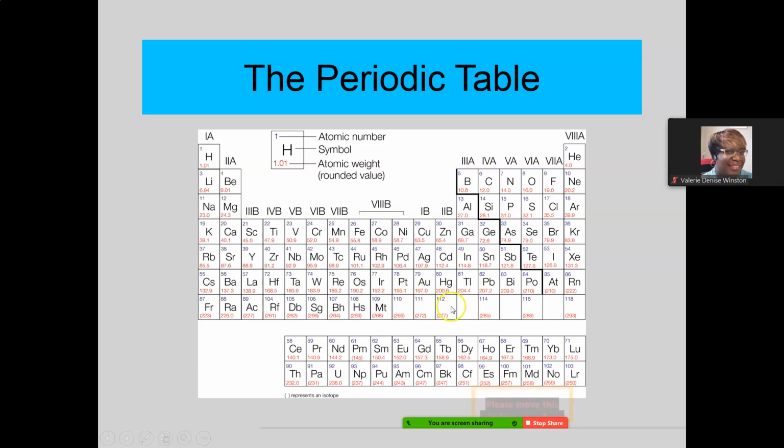Now they have a few of these named or numbered, but there are a lot of them UUUs, meaning unknown, unknown, unknown. They don't know if they even exist, or if they do, they're very transitory, meaning they don't last very long. They're so heavy of nuclei, they are radioactive, and they break down in no time.